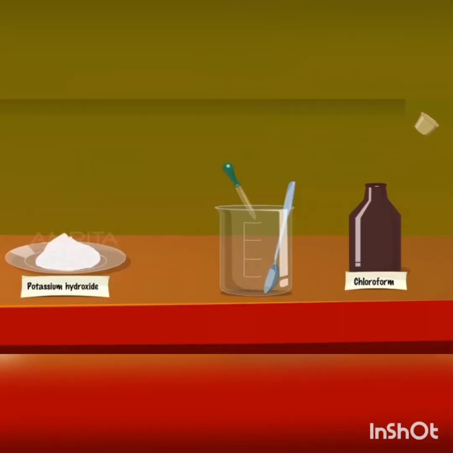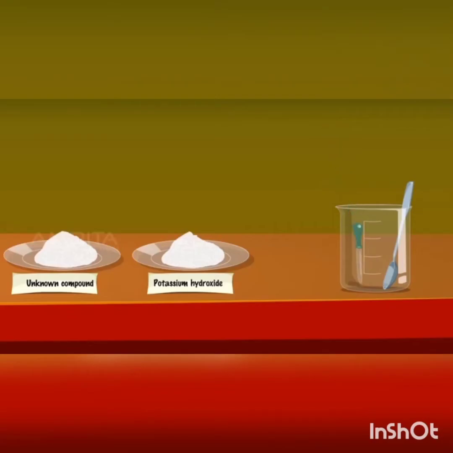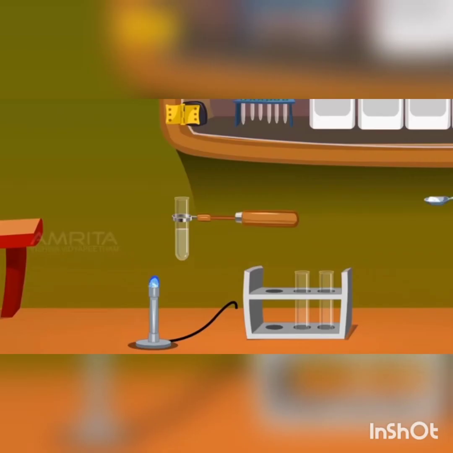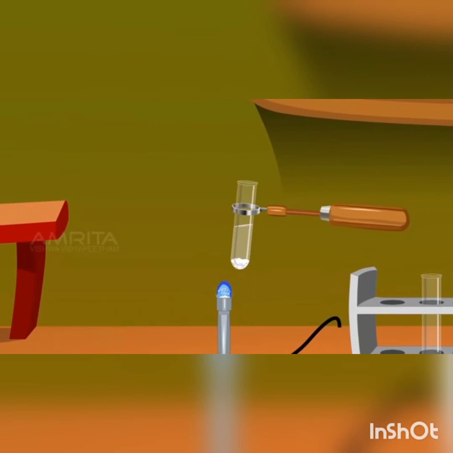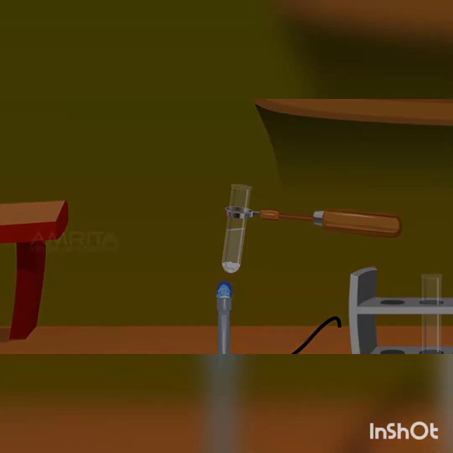Using a dropper, take a few drops of chloroform. Add it into the test tube. Add a small amount of the given unknown compound in the same test tube. Gently warm it. Aliphatic as well as aromatic primary amines, when warmed with chloroform and alcoholic KOH, give isocyanide which has an offensive smell.